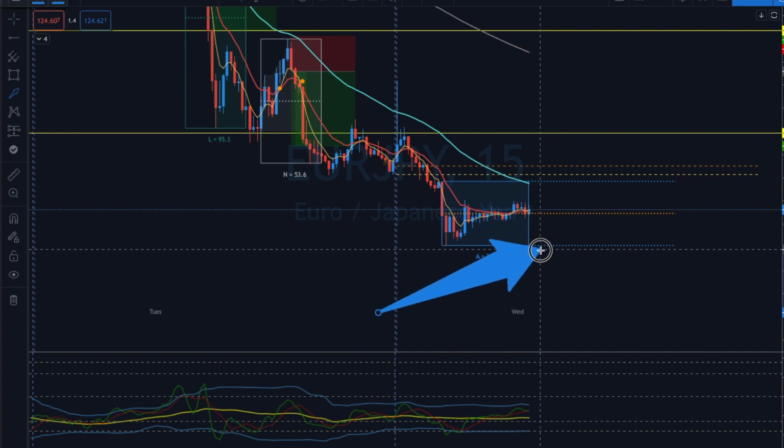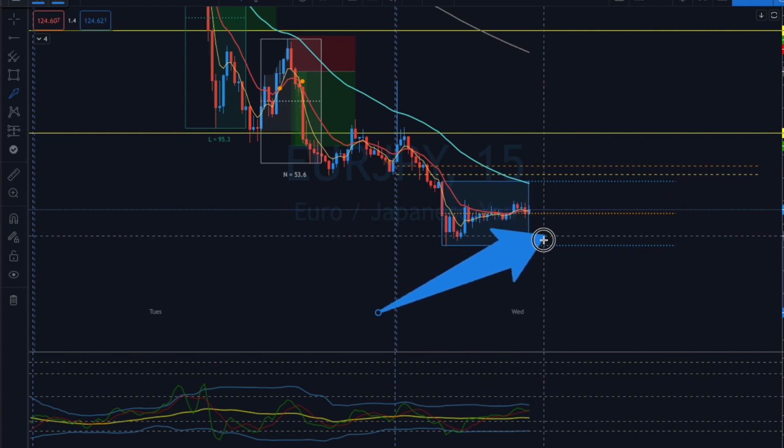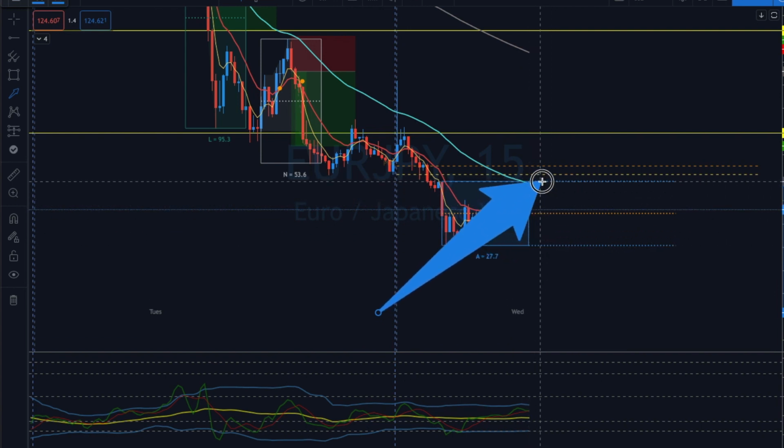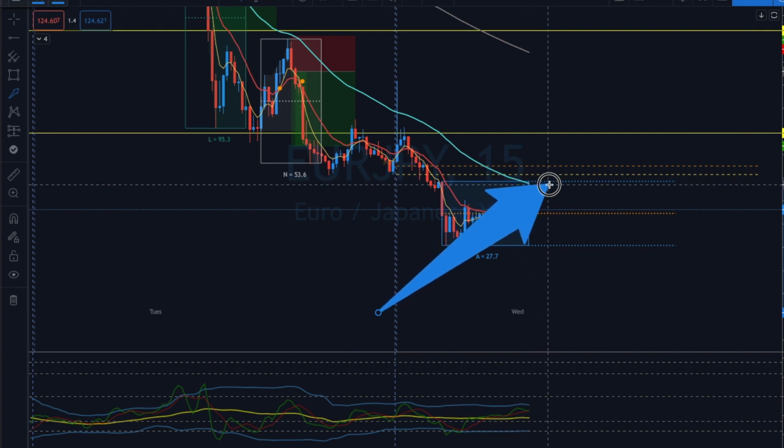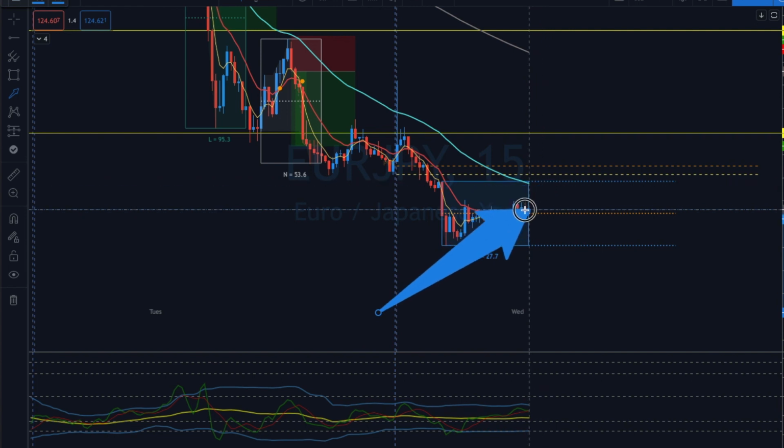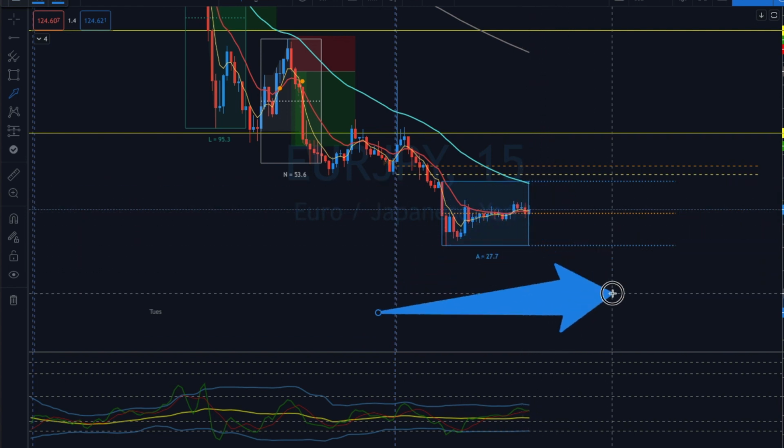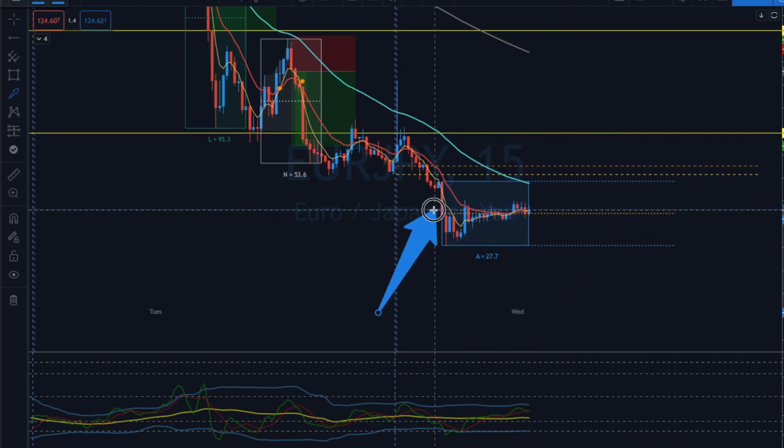But price would need to come down first and then bounce off. So either a type 2 where price goes up and hits the top of the Asian range and bounces off the 50, or price comes down and then bounces back up into the middle, gets rejected, and then goes down again.